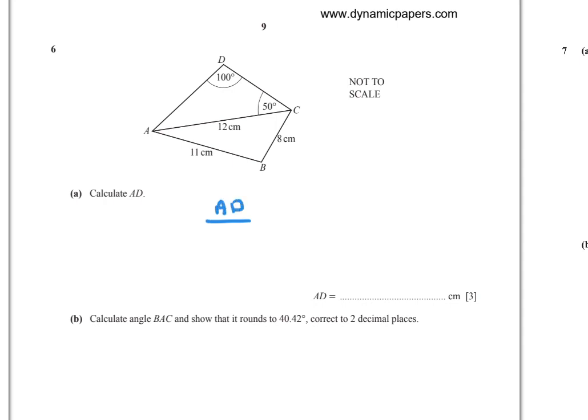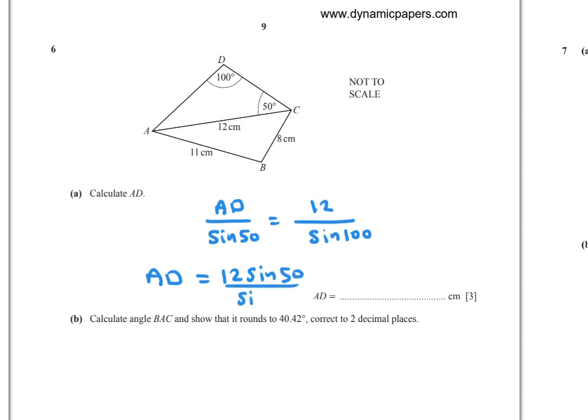Now cross multiply, so AD equals 12 sine 50 divided by sine 100, which equals 9.33.